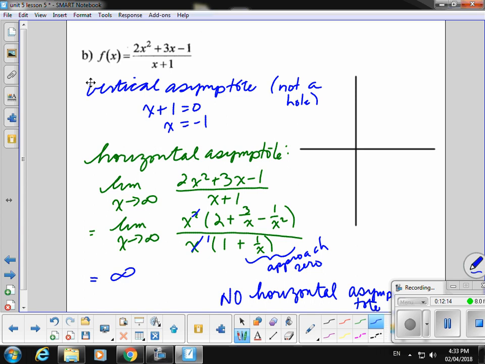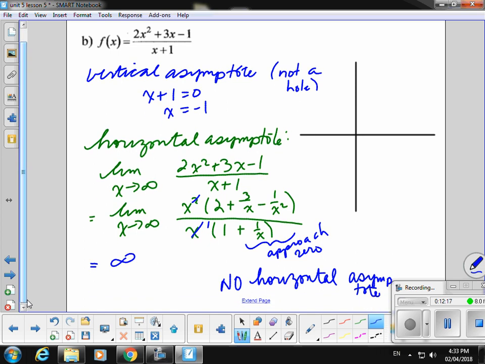However, there is an oblique asymptote. And what do I look for?